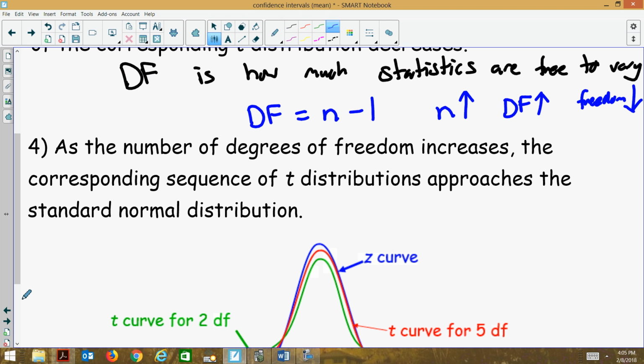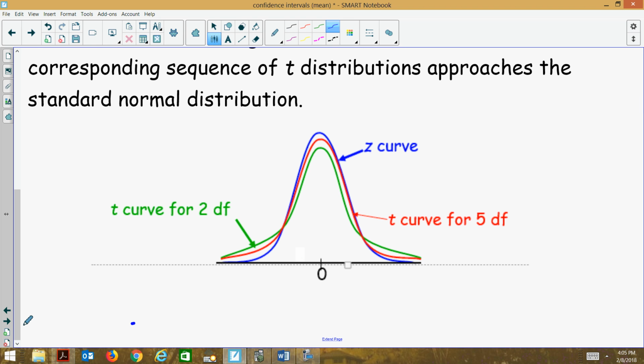As the number of degrees of freedom increases, the corresponding sequence of t distributions approaches the standard normal curve. This is saying that as the degrees of freedom increases, which means as the sample size increases, the curve starts to look more and more like a z curve.